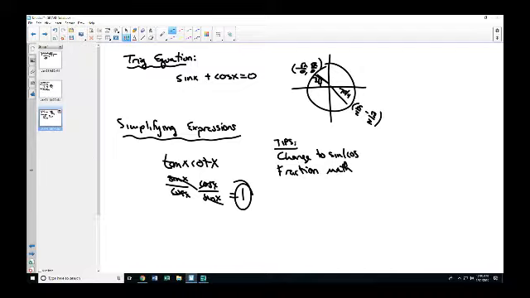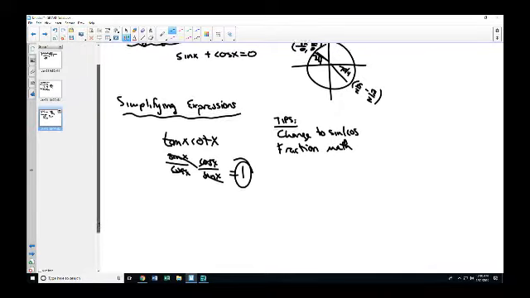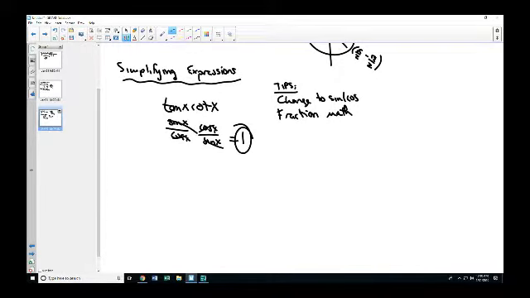Let's look at another problem. Simplify that expression: sin x plus sin x cotangent squared x.